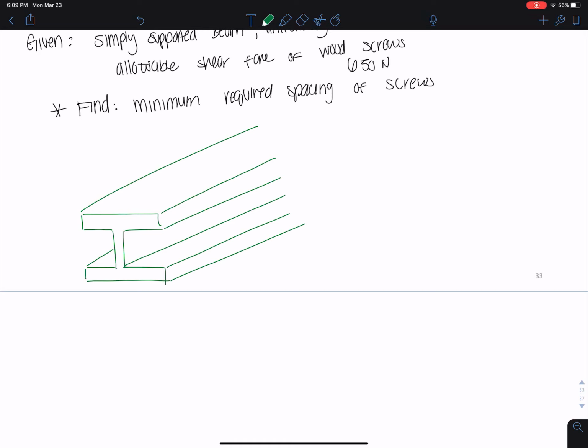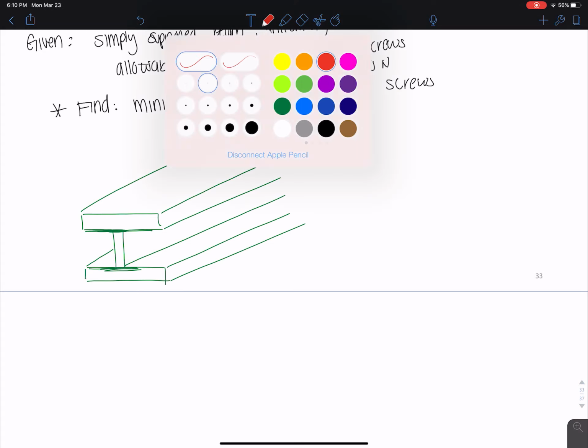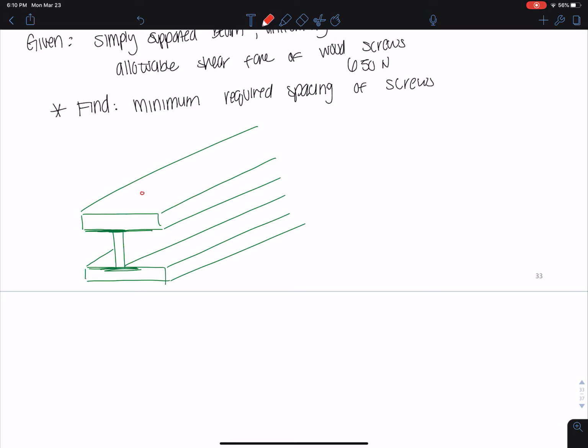So what's happening here is we are screwing this top portion here. These are separate. This is a built-up member. So we're going to screw the top and bottom portions with these nails at some spacing S, okay? And we have some distributed load of 2 kilonewton per meter acting on this.